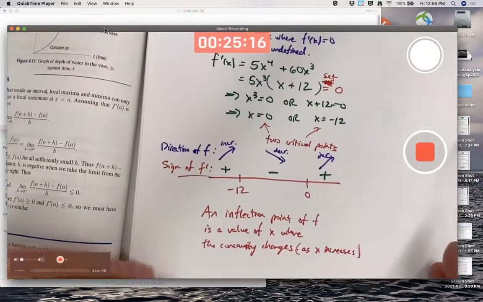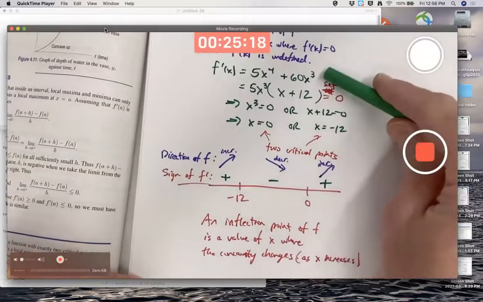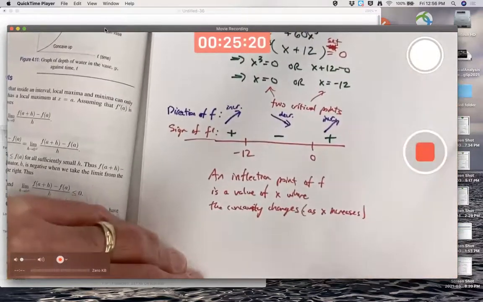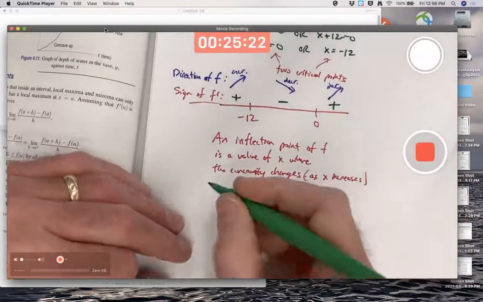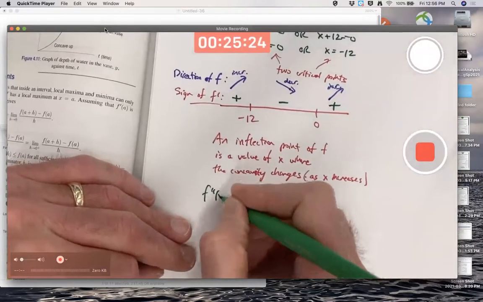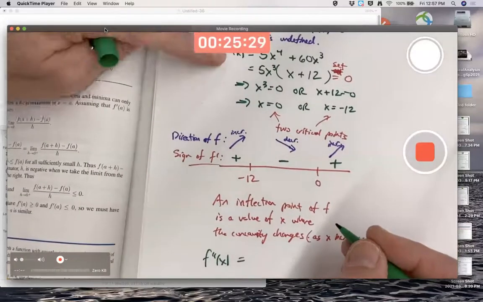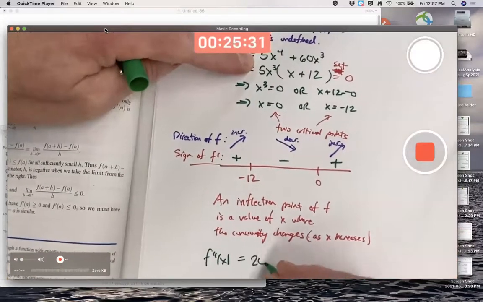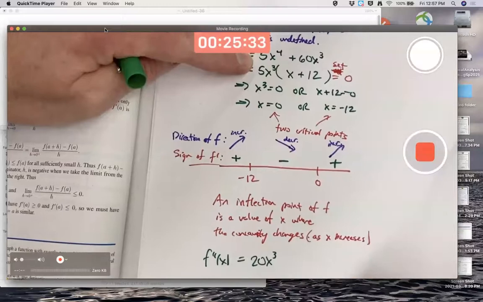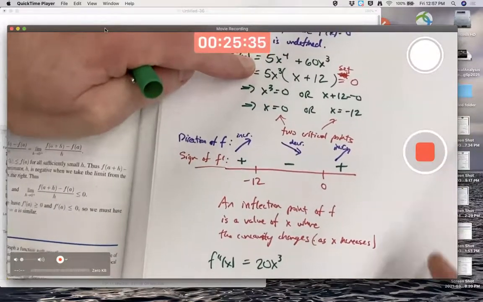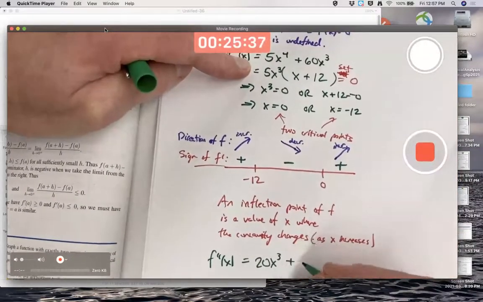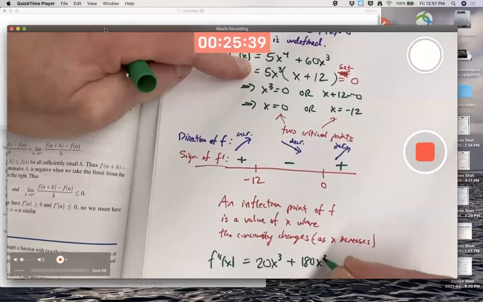You could. It's probably easier to do this one though. No, they're not that much different. Either way is okay.